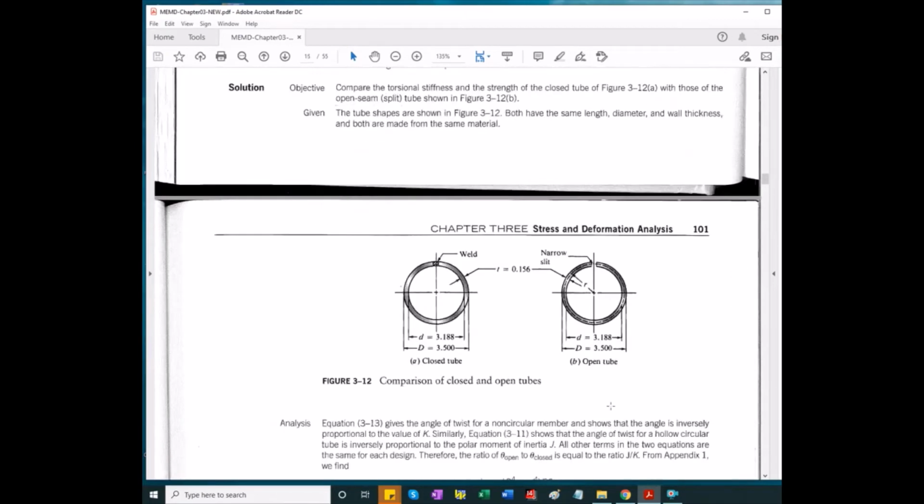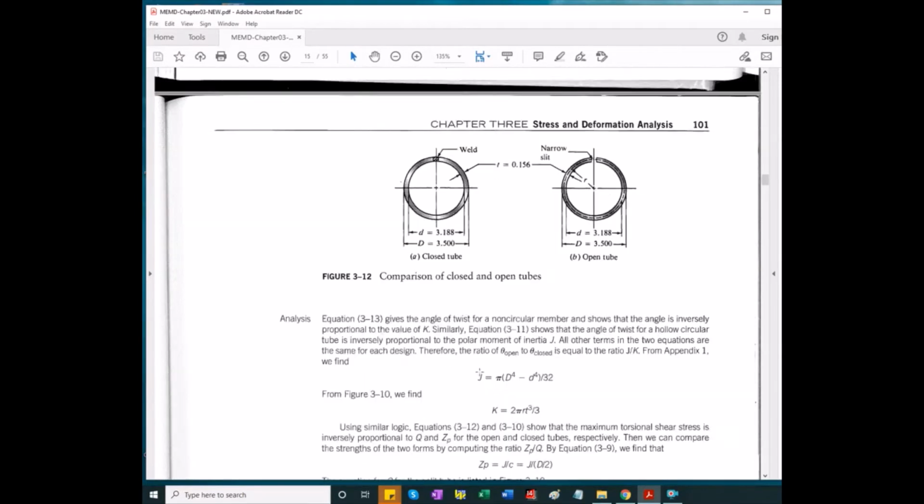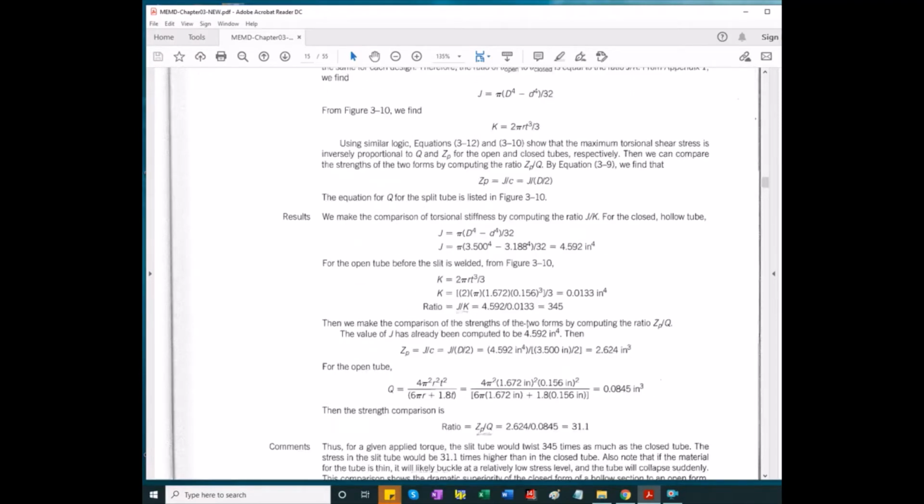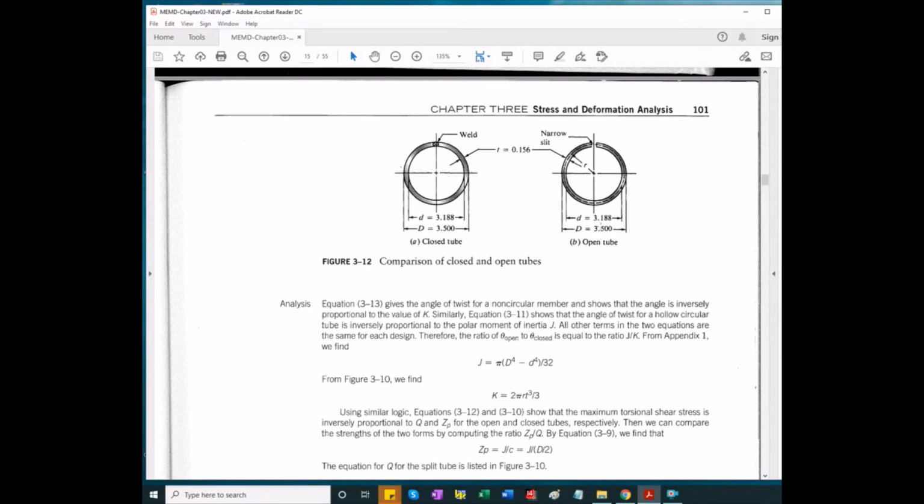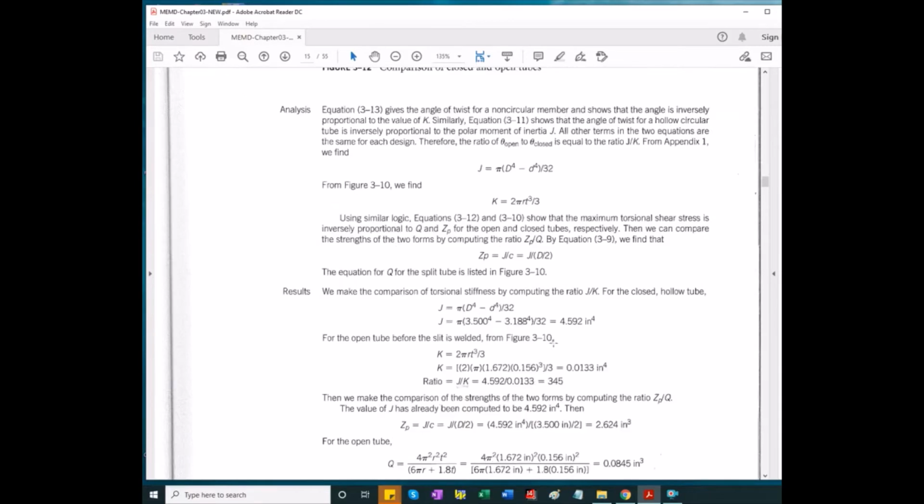There's an exercise here where the two are compared, the angle of twist for a ring and for a split tubing, that is a tubing and a split tubing, say formed of sheet metal but not welded, and this is detailed here for the given geometry.